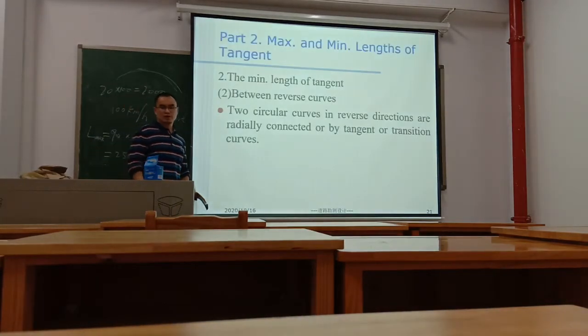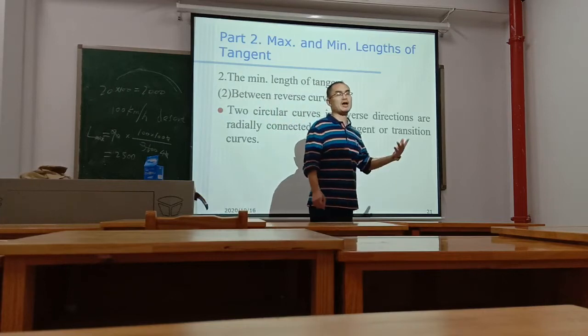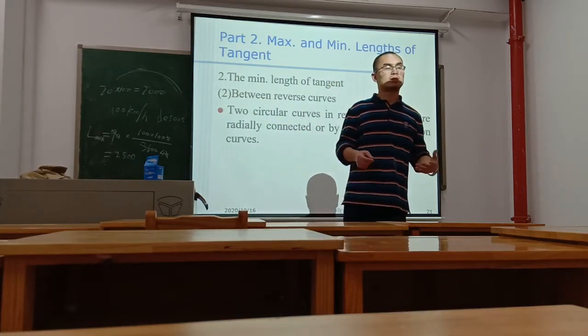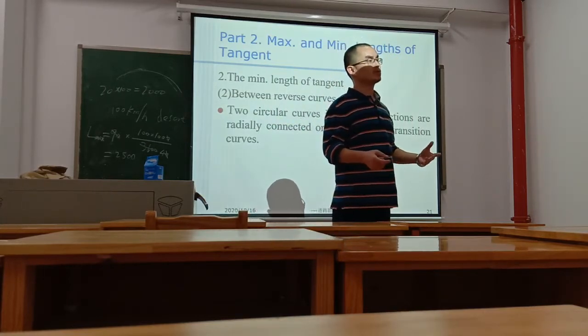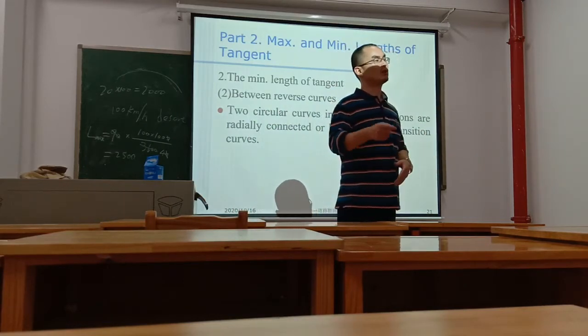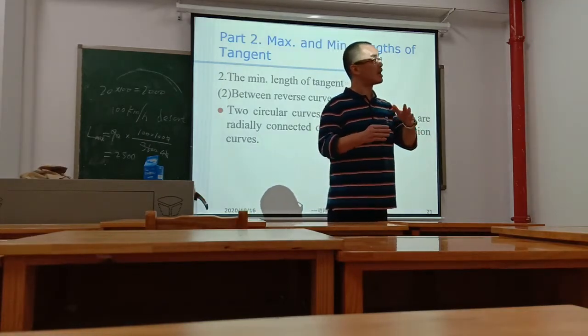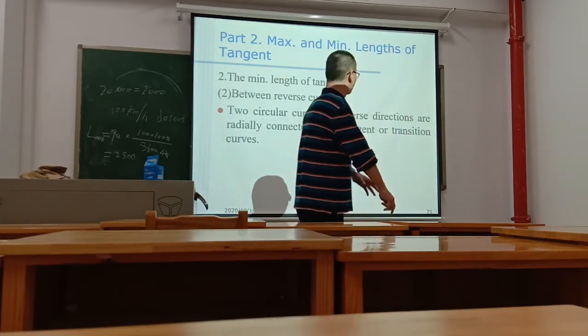Two circular curves in reverse direction are reverse curves. What are reverse curves? The two curves with different direction: one turns left and the other turns right, or one turns right and the other turns left.